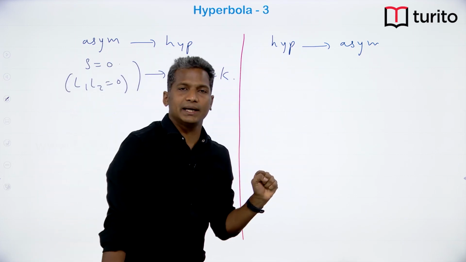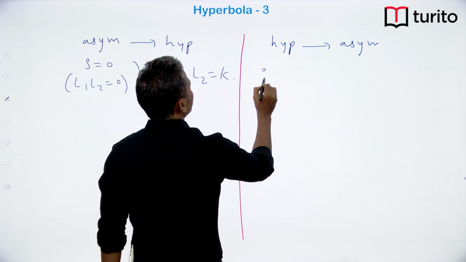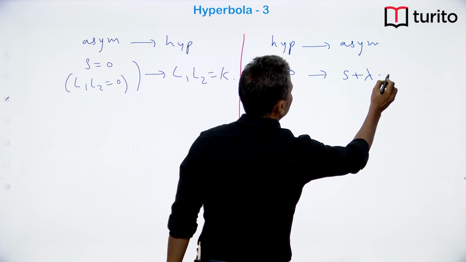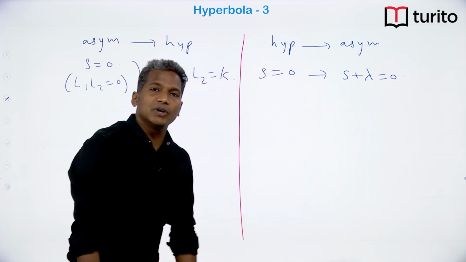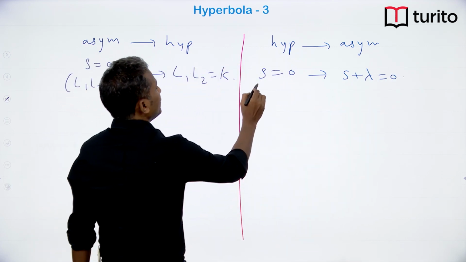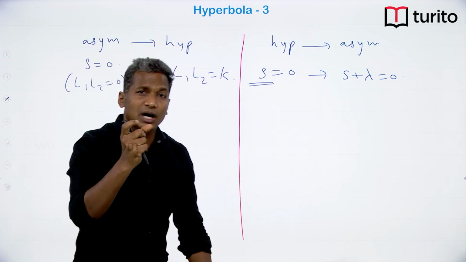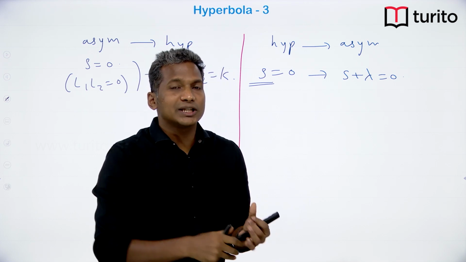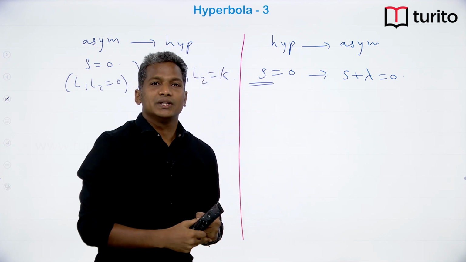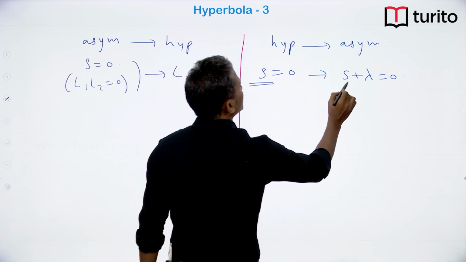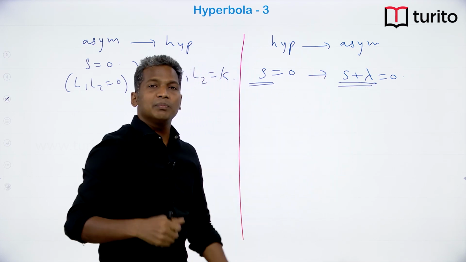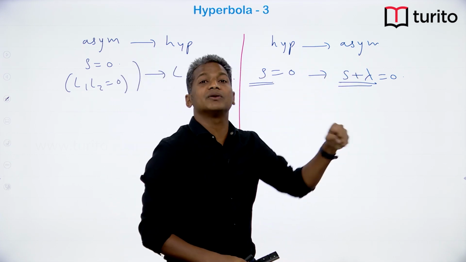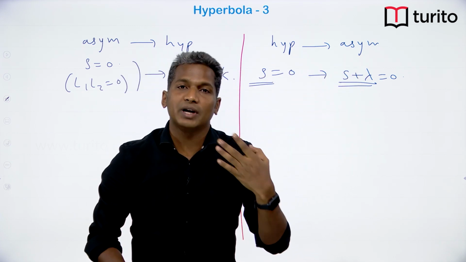But on the other hand, if the hyperbola is given as S equal to 0 and I am interested in getting the equations of asymptotes, how do I get this? Here, the equation of the hyperbola needs to have both asymptotes in it. So, by adding lambda to this, basically I am getting a pair of straight lines. So, for this equation to represent a pair of straight lines, what is the value of lambda?